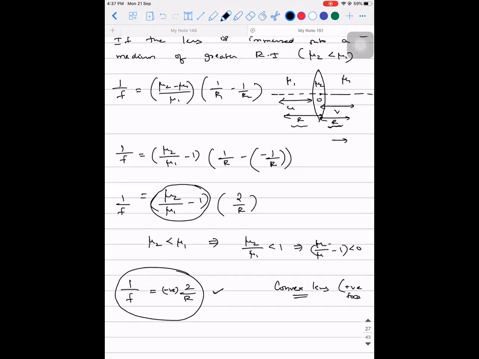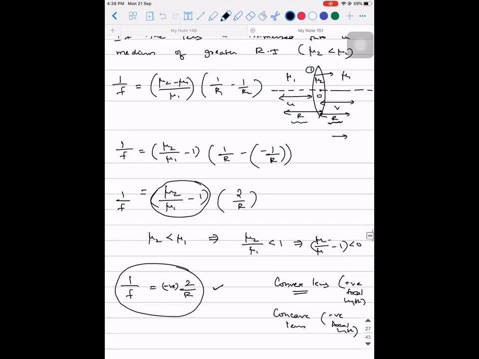Positive. It has positive focal length because the first refracting surface will have the focal point on the right of it. Any distance on the right is positive. So what will happen to a concave lens? It will have negative focal length. Accepted?